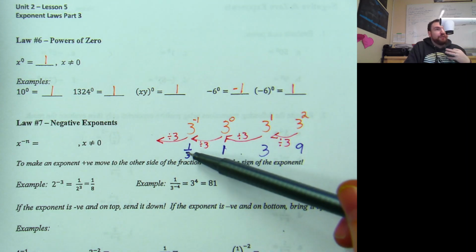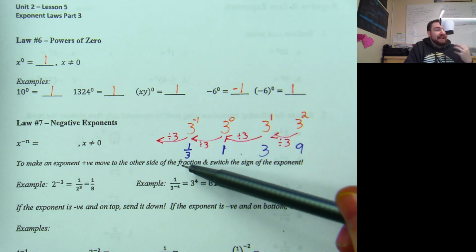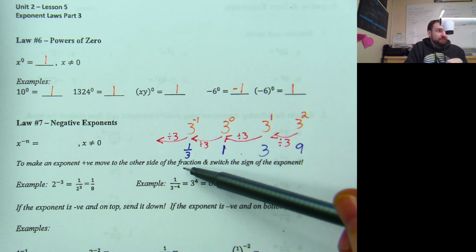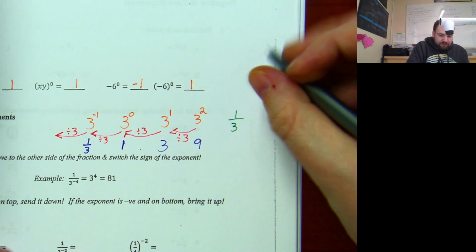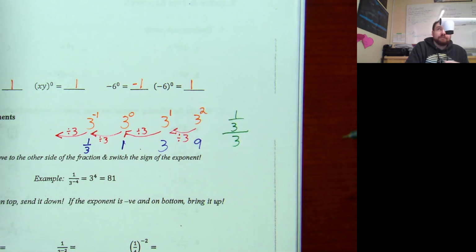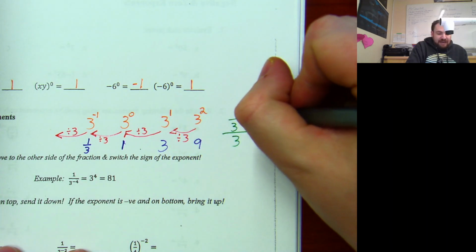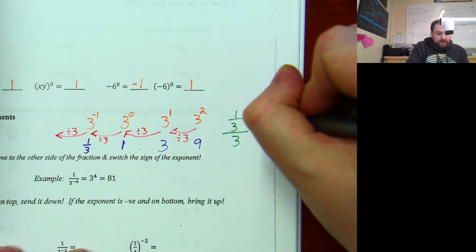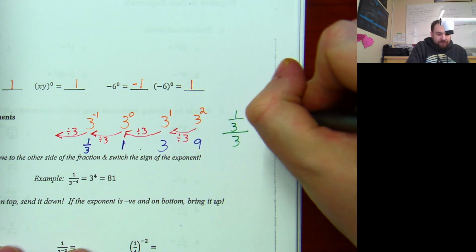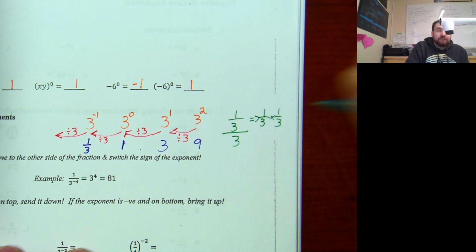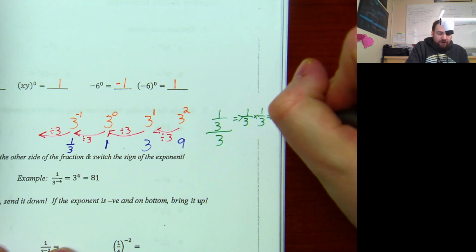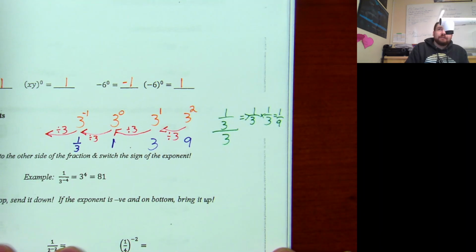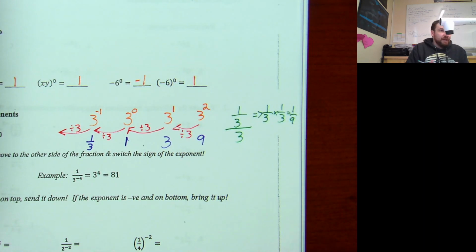Okay, if I have 1 over 3, and I'm going to divide that by 3, I'll show you over here what that looks like. 1/3 divided by 3 is the same thing as 1/3 times 1/3. So it's going to give me 1 over 9.